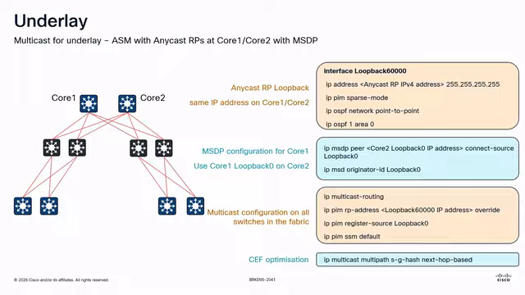And then you can enable multicast. So multicast routing, you point the RP to this anycast address, and PIM register source loopback 0, that's an important command. Otherwise, it can be anything. And if you want, you can do multipathing for multicast. As you can see, multicast does not have to be complicated. It's literally 4 or 5 lines in a config.